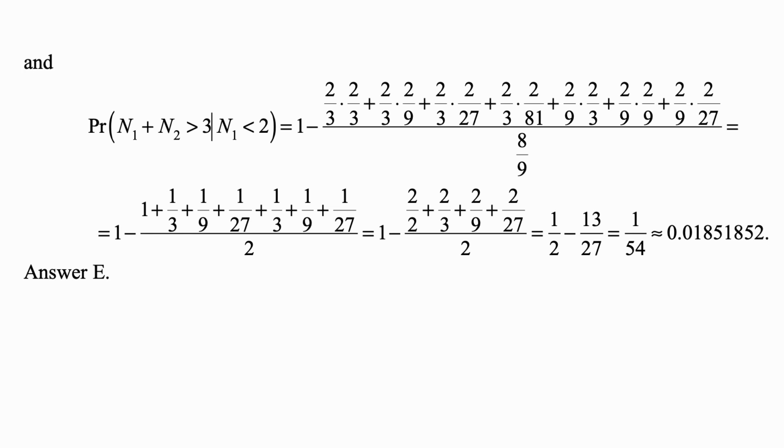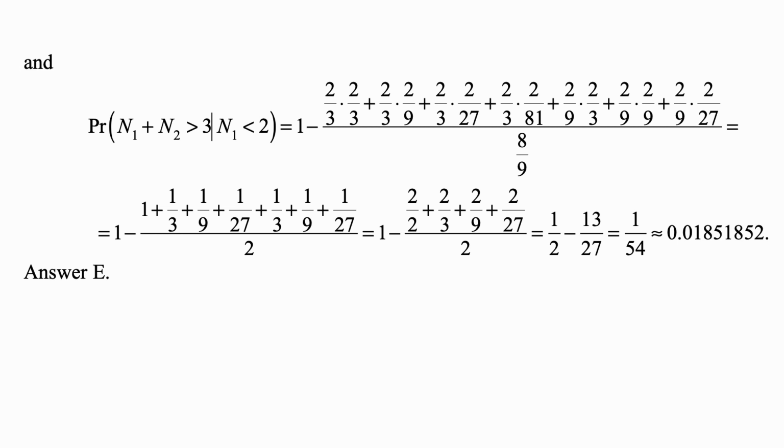And 1 you can write as 2 over 2. And that way you can cancel the 2 in each of the numerators with the 2 in the denominator. And all we have there is 1 minus 1/2 plus 1/3 plus 1/9 plus 1 over 27.